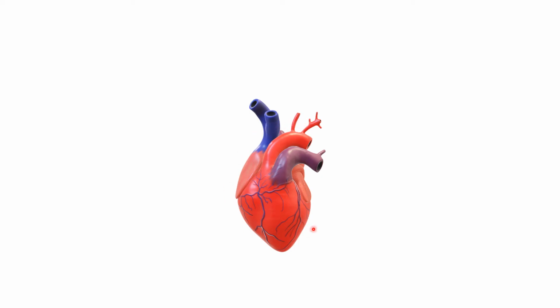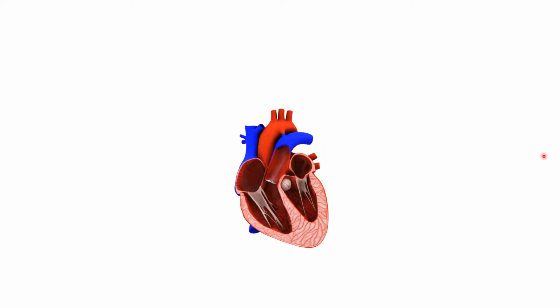Now, you can see the image of the heart and some blood vessels. The inferior vena cava brings the blood to the right atrium. The superior vena cava will do the same from the upper parts of the body to the right atrium.